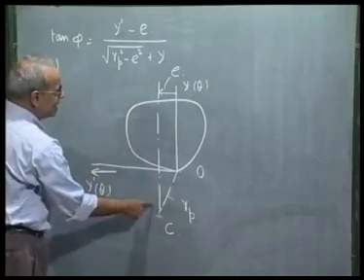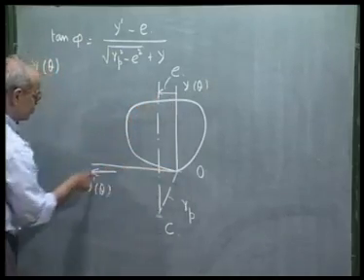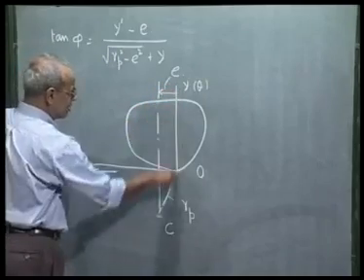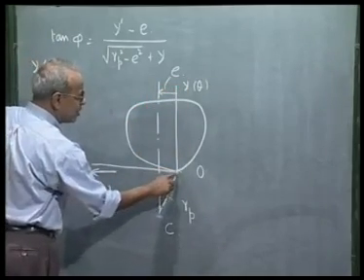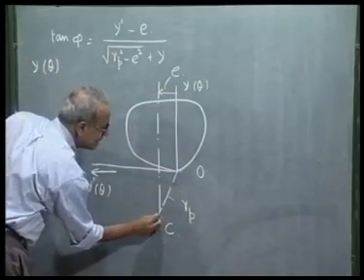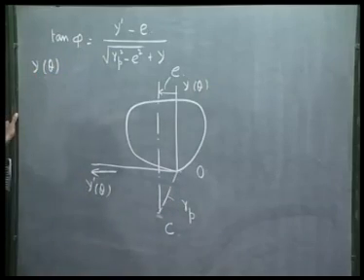This vertical line is at a distance E towards positive y prime from this y axis, and OC is equal to Rp, that locates this point C.